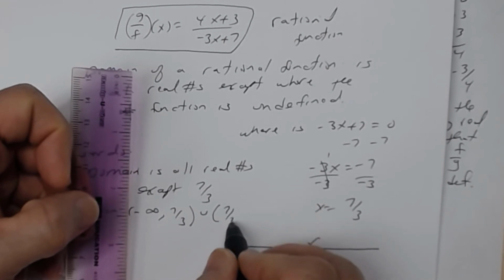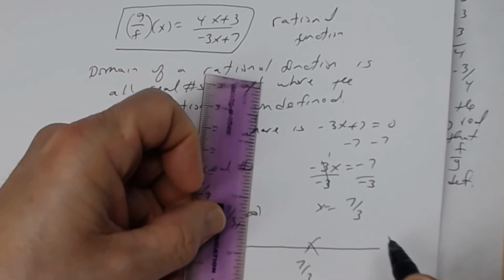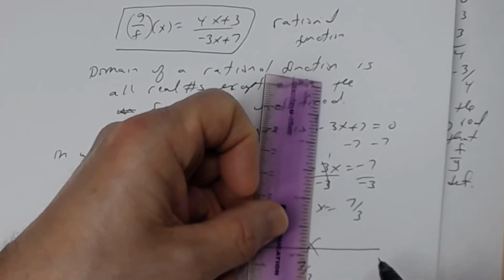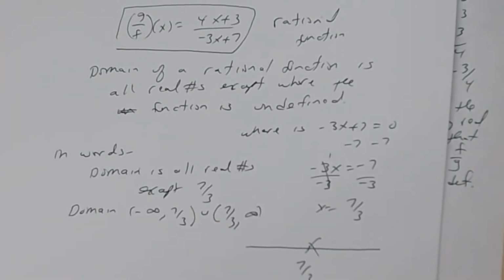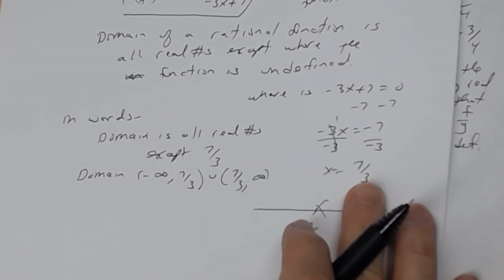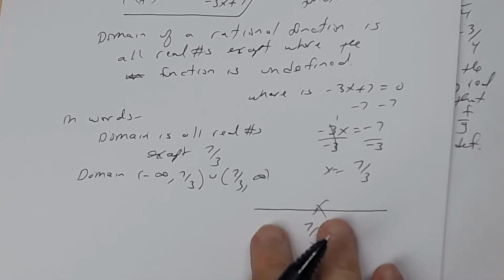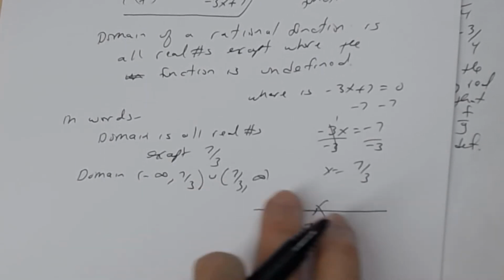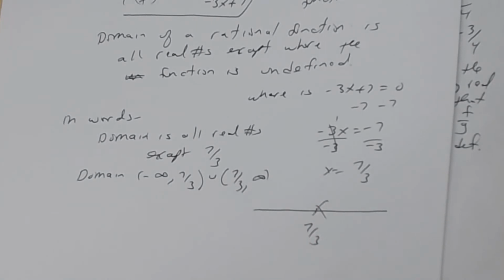Union, and then 7/3 to infinity. So negative infinity to 7/3, that's this interval, and then this interval is 7/3 to infinity. All right, so remember, divide into two intervals. This one exclusion divided the number line into two parts. So this interval is this, and this part is this interval. Okay? All right, so that was number one.